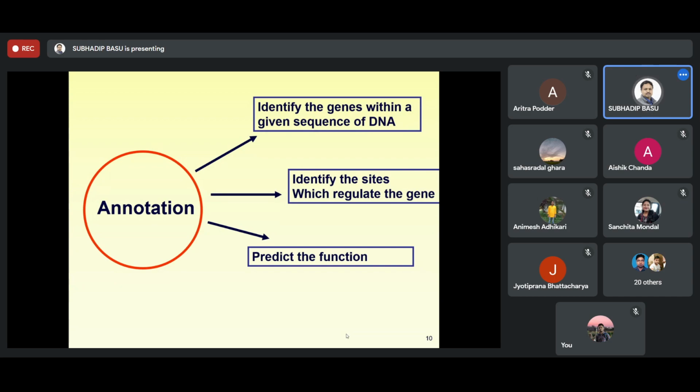I have seen some experiments in the mouse model, I'll tell you those things. If you want a gene which is responsible for the skin color of that mouse, and you silence the gene, the mouse will apparently be albino. That means it will not have melanin content.